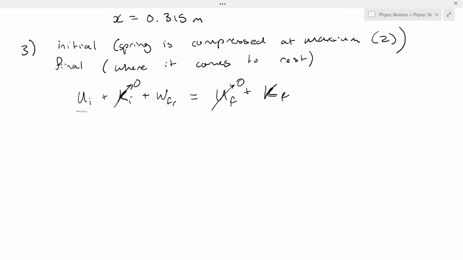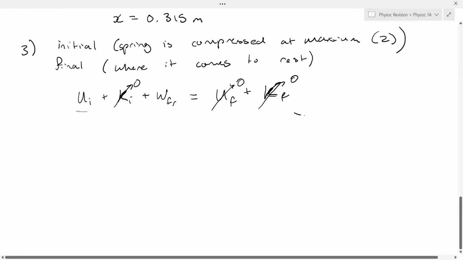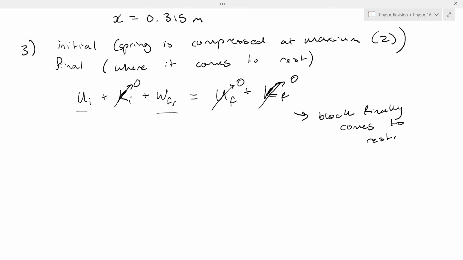And we also pretty much want our final kinetic energy to be 0 as well. This is when the block will finally come to rest. And so all we have is this initial potential energy and the work from friction, and we're going to see how that balances out to get us our final value for x.